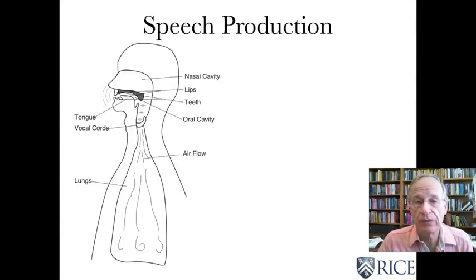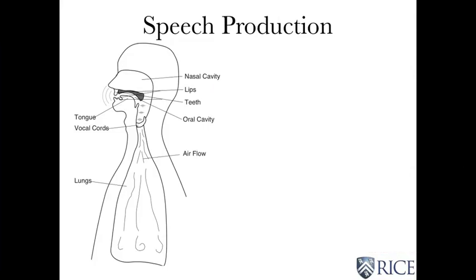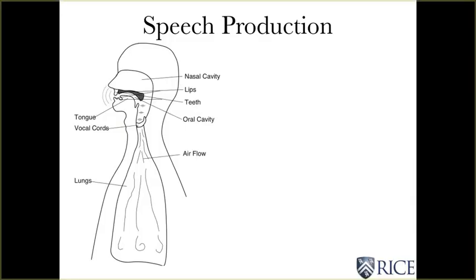So, how is speech generated? Here's my rather crude drawing of the speech production system. Everything begins with the lungs, and the lungs are providing a source of air pressure. The important part for us in understanding speech are the vocal cords.